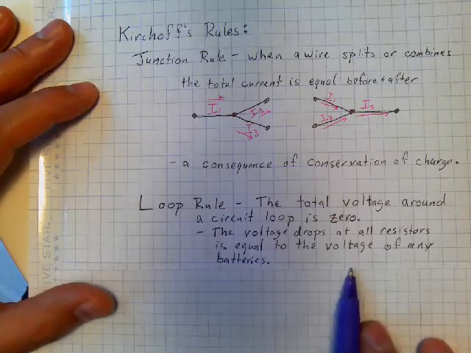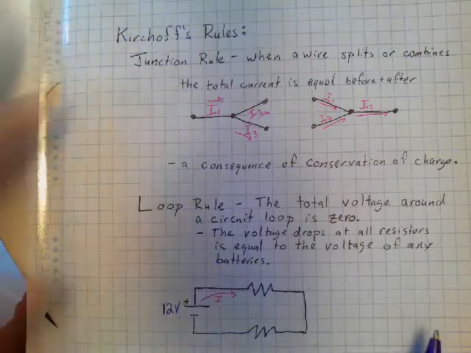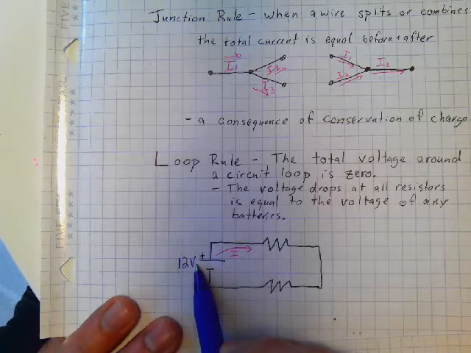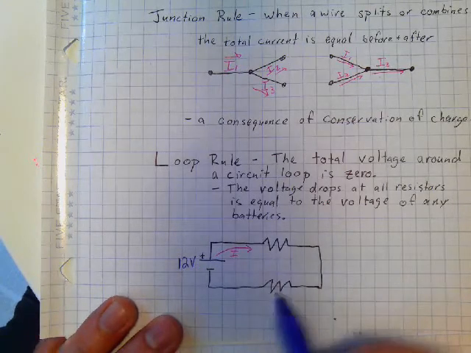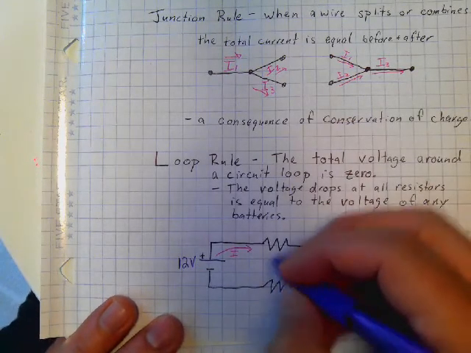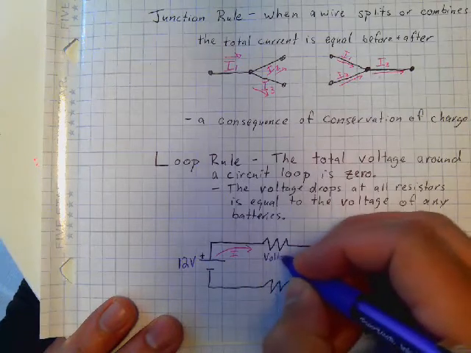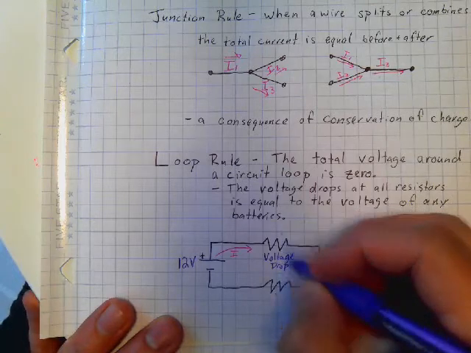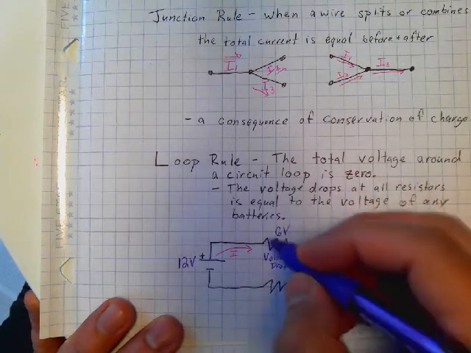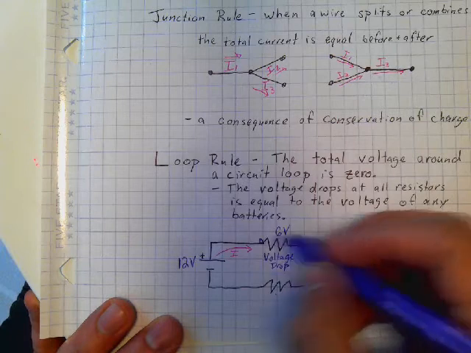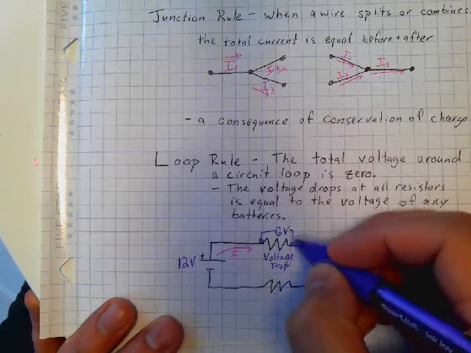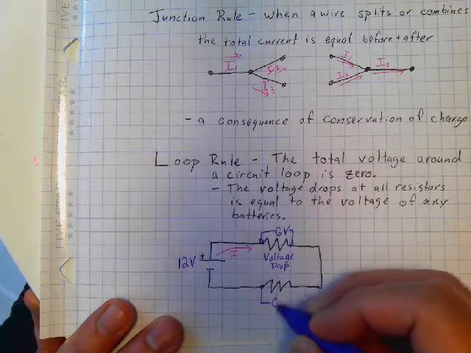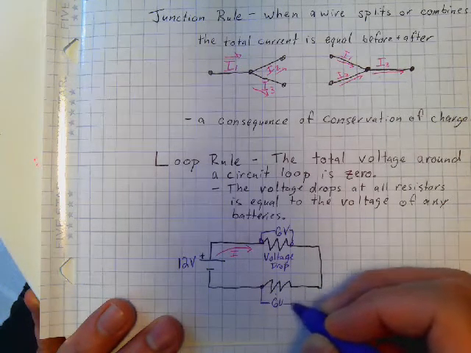So basically, when we go around a battery, so if I have a 12 volt battery here, and I have two equal resistors, the voltage drop would have to be 6 volts. So if I measured from here to here what the difference in voltage is, it would be 6 volts. And then from here to here, it would be another 6 volts. If I have two equal resistors.